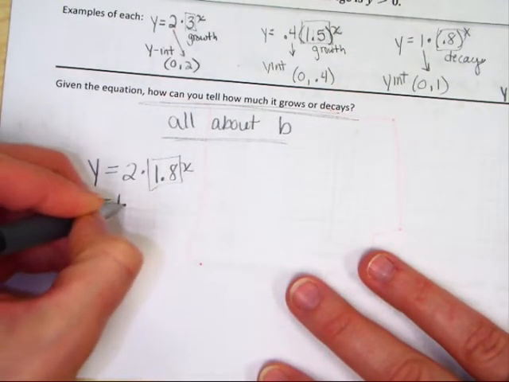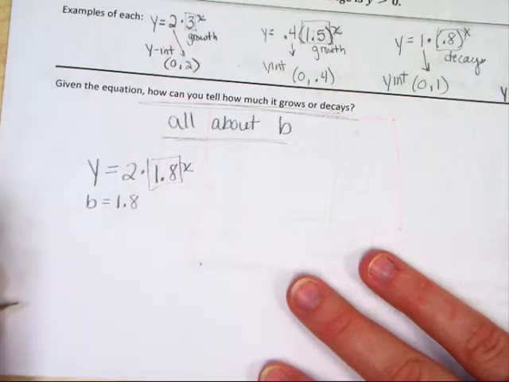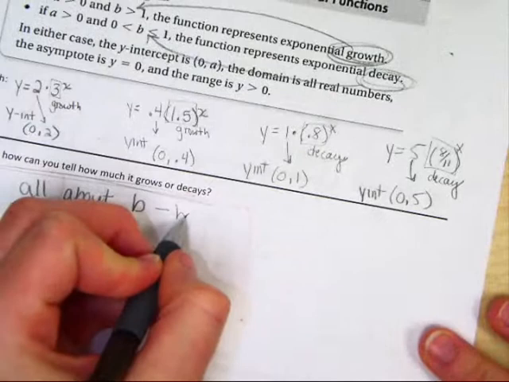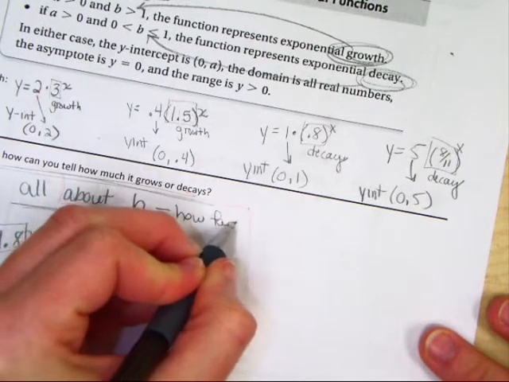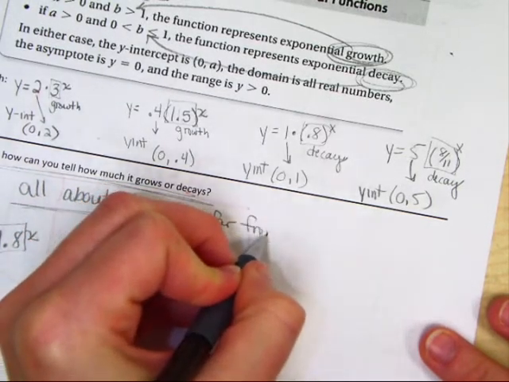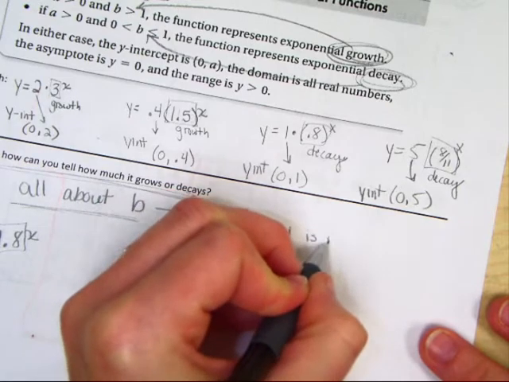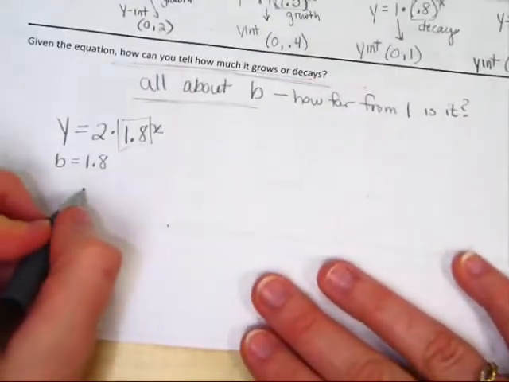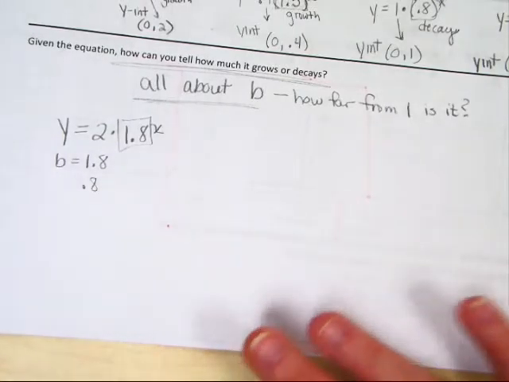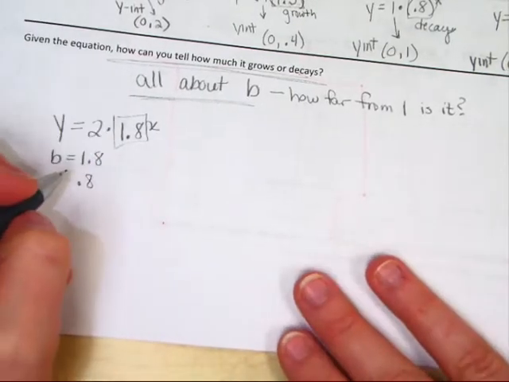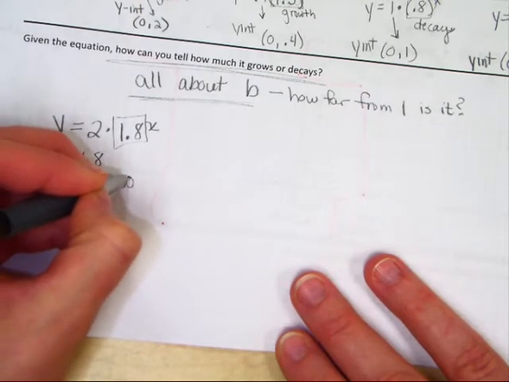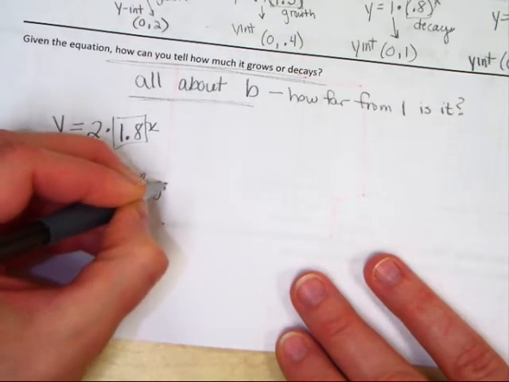B is 1.8. Well, what you need to do is figure out how far from 1 it is. This one is 0.8 away from 1, and it's above 1, so we would say this one has 80% growth.